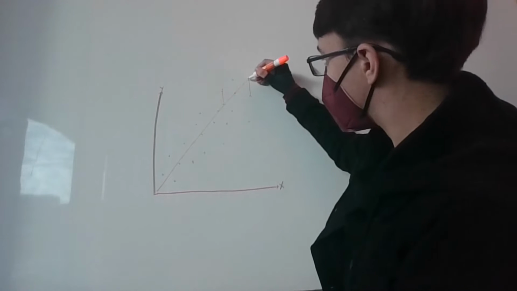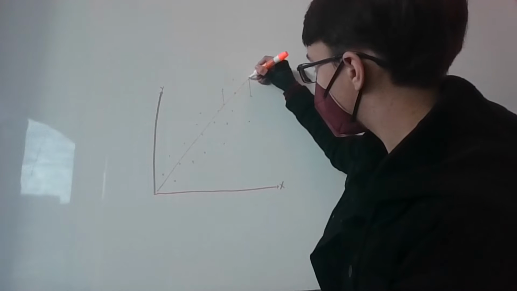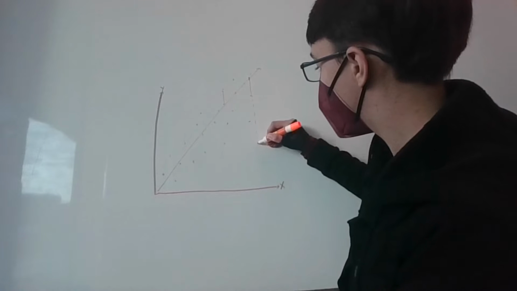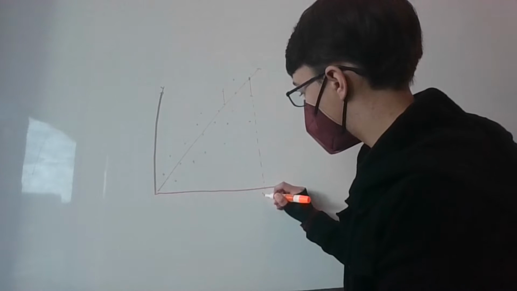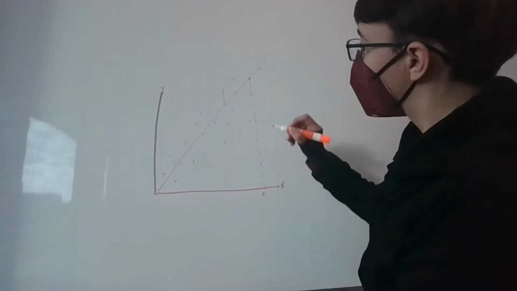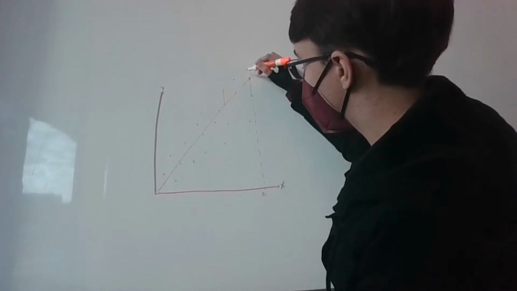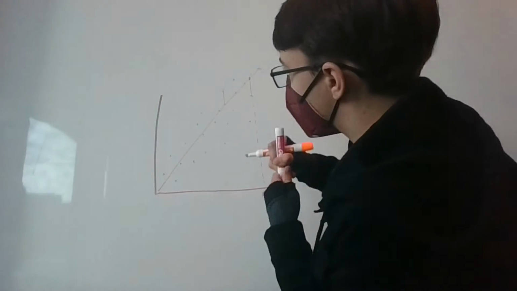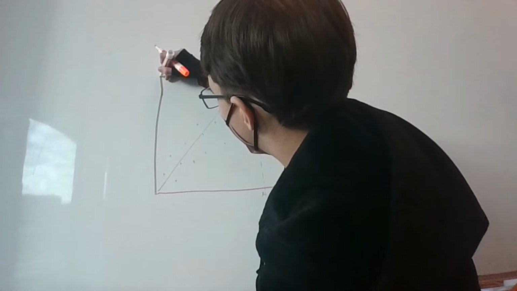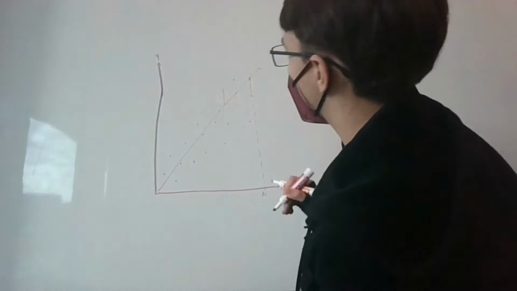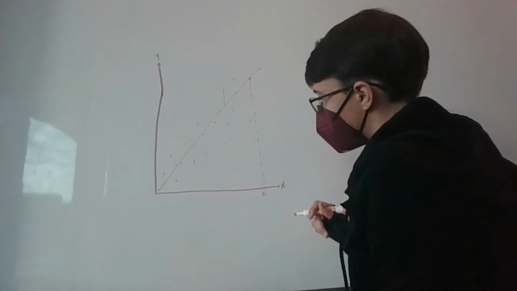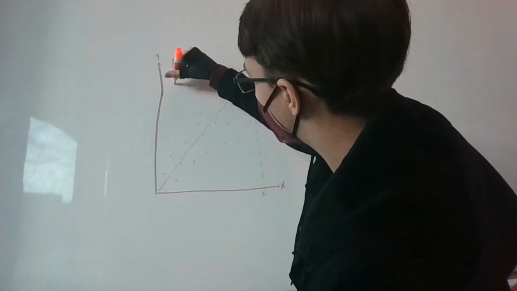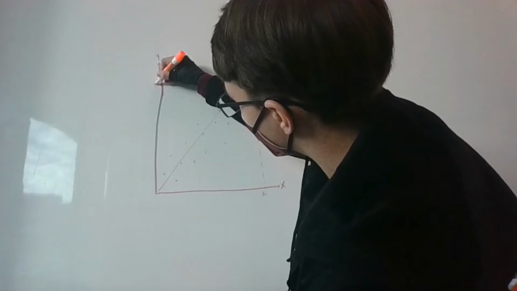So we're going to look at this point right here, and the corresponding point on the model would be that one. You can see both of these have an x value right here. We're going to call that xi. And these have two different y values, so I'm going to need to make my y-axis a little bit bigger. This one is our model, so it's going to have a y value right there, and we're just going to call that y.